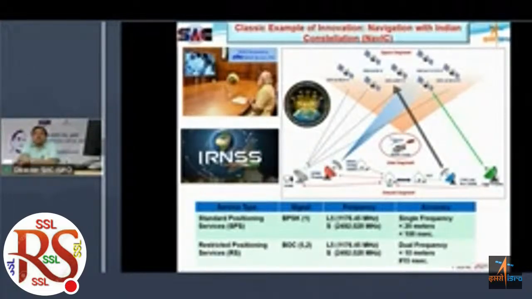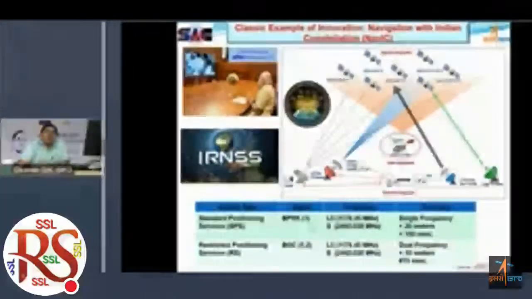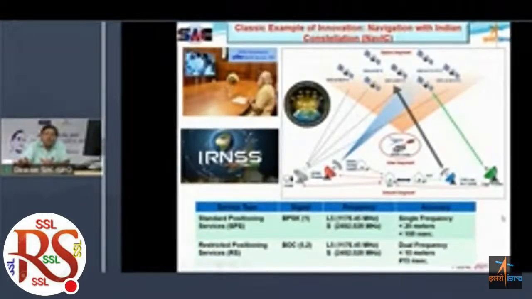So to avoid all such problems, the Government of India decided that we should have our own system, because GPS is under the control of the US government or US Air Force. We should have a system under the control of Indian people or the Indian government. With that idea, this whole program of IRNSS or Navik was set up.